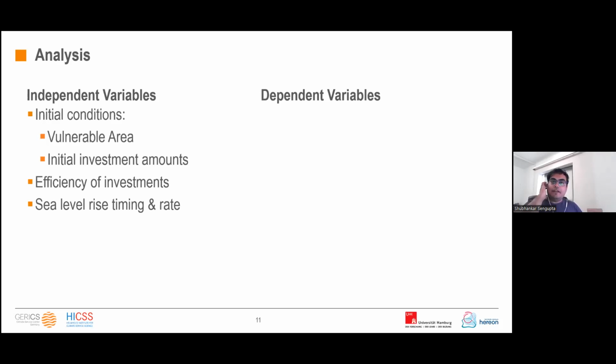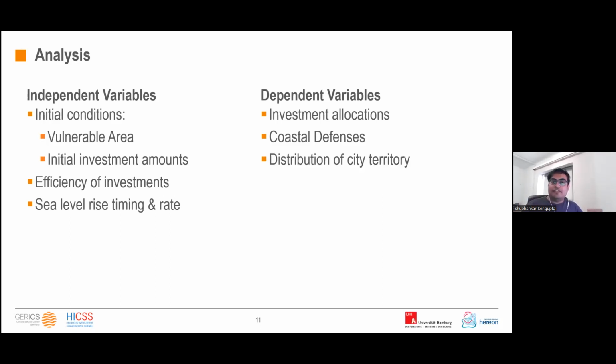The dependent parameters together represent the output of the system, such as where the agent invests the resources, how the height of the coastal defenses evolves over time, how the distribution between coastal and inland territory evolves, and what amount of damages are sustained or avoided over the course of the simulation.